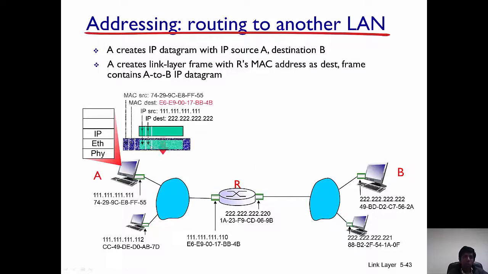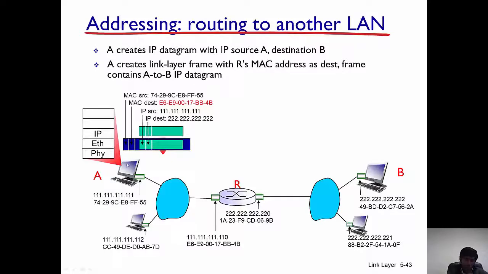It then passes through the link layer, where the MAC source and the MAC destination are put. Note that the MAC source is the source address of A, which is 77, 74, 29, 9C, E8, FF55. The MAC destination is not the MAC address of B. It is not. The MAC destination is actually the MAC address of R, which is E6, E9, 0017, BB4B.